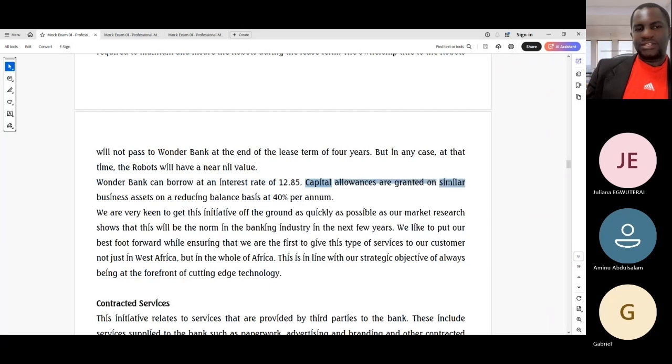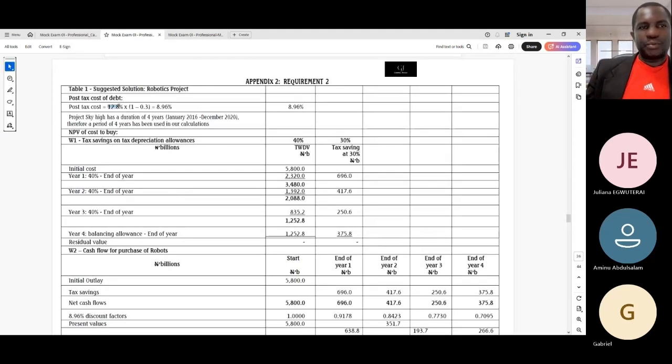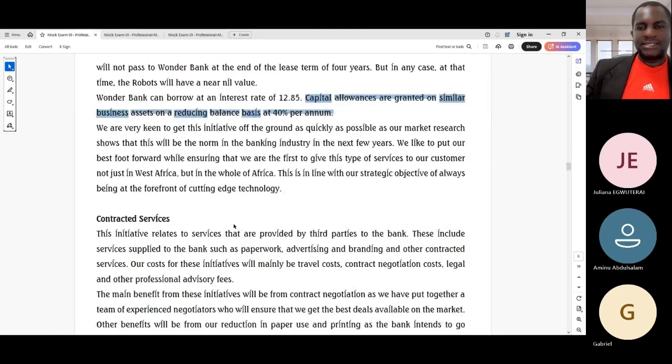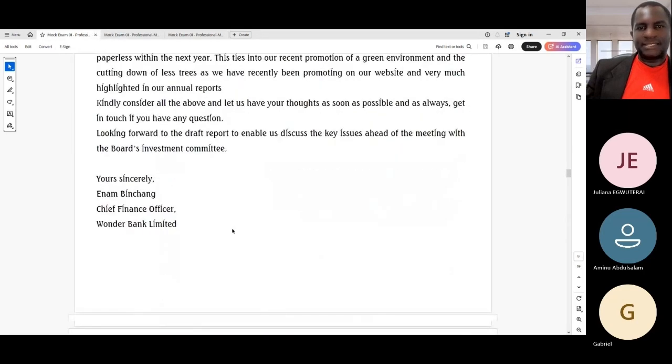Capital allowances are granted on similar business asset on a reducing balance basis at 40% per annum. So this is the basis where we got this 12.85 post-tax cost, which is by 1 minus tax rate. And the tax rate is how much? 30%. You see that from the question, the tax amount is 30%.